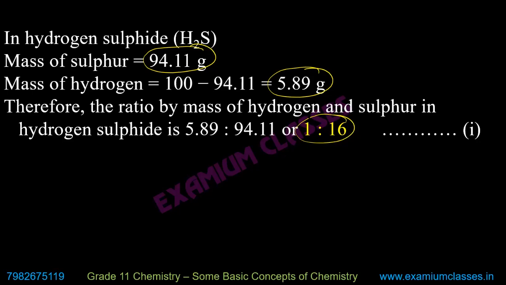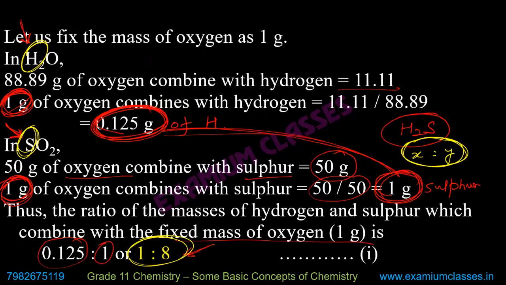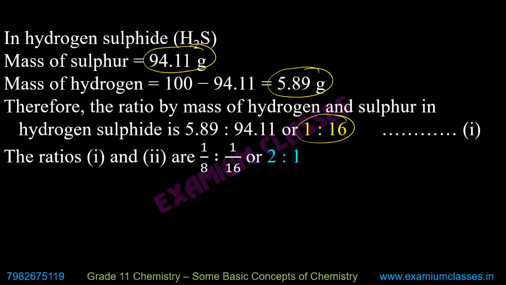The ratio of hydrogen to sulfur here is 1:16. However, when they were combined with oxygen, the ratio was 1:8. Now, if we find the ratio of these two, 1:8 and 1:16, this is the simple whole ratio 2:1. Hence, the law of reciprocal proportions is proved.